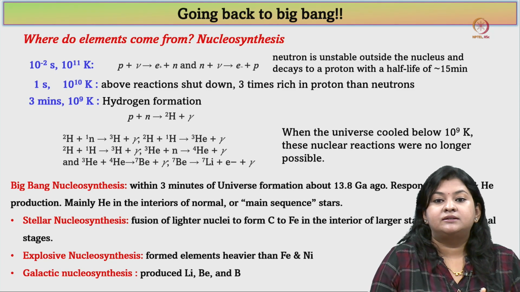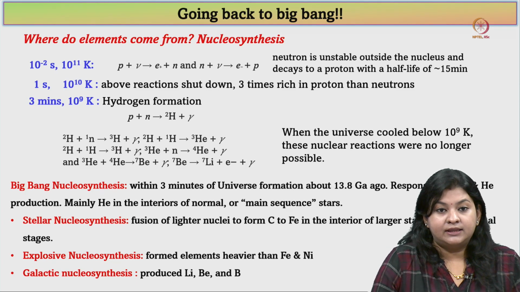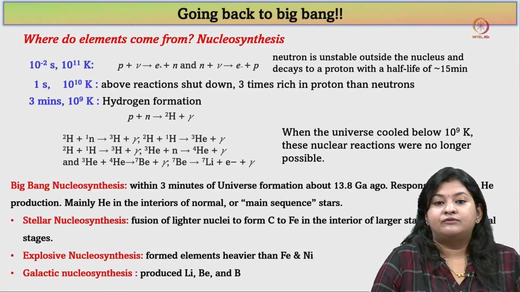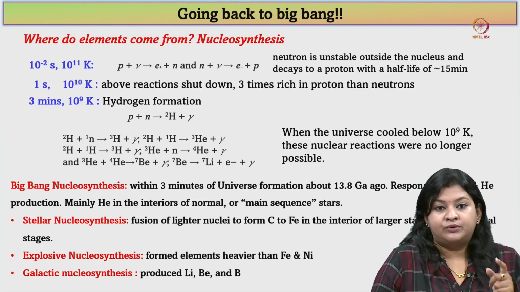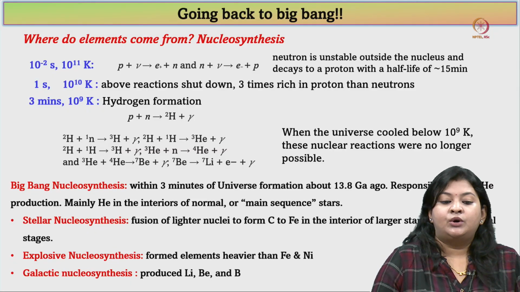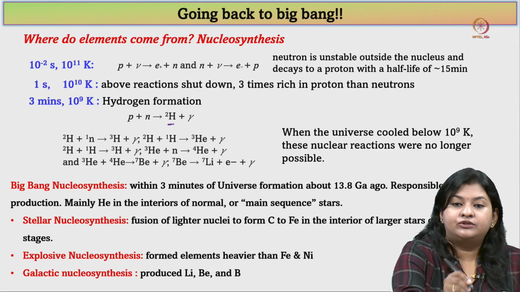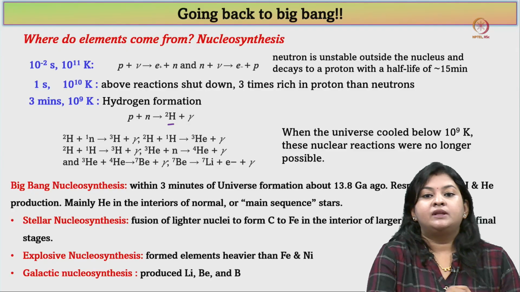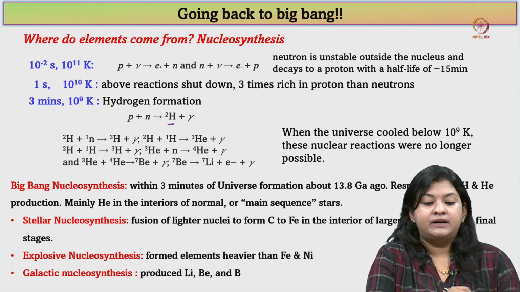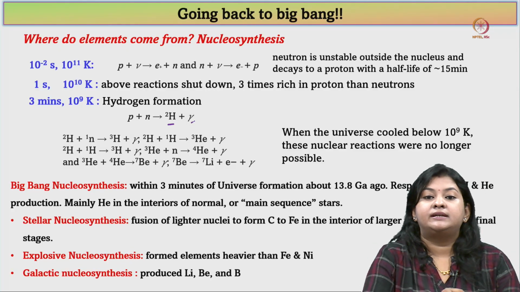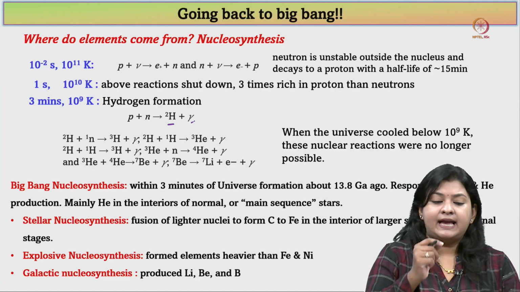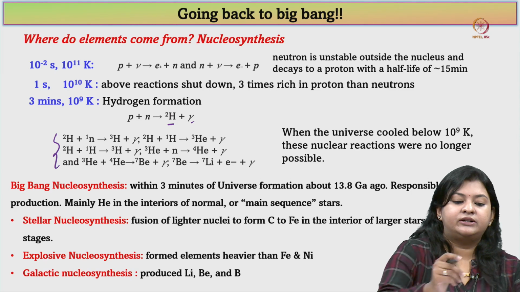3 minutes past the Big Bang, the temperature is 10 to the power 9 Kelvin, and at this temperature hydrogen starts forming. So, 1 proton and 1 neutron will form hydrogen with atomic mass 2, and some energy is released due to that process. This chain of reactions is continuously happening.